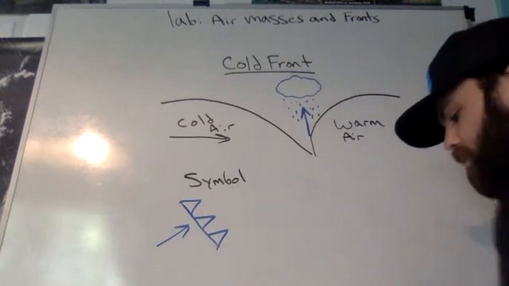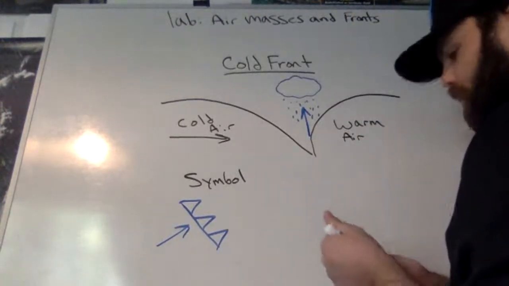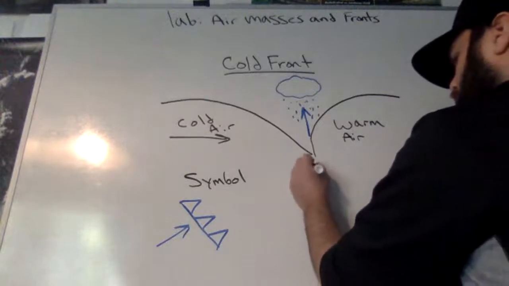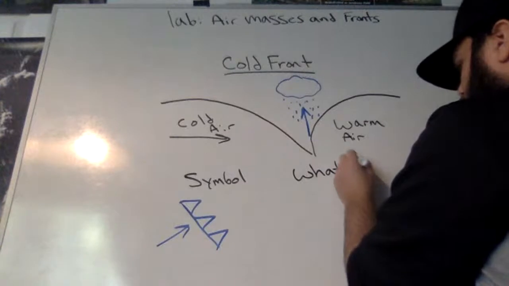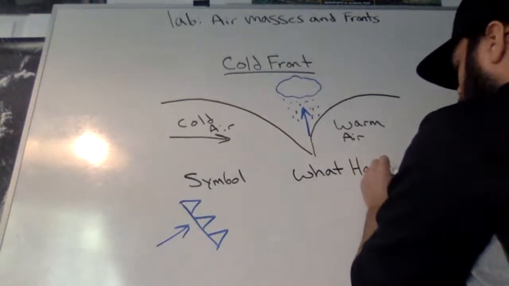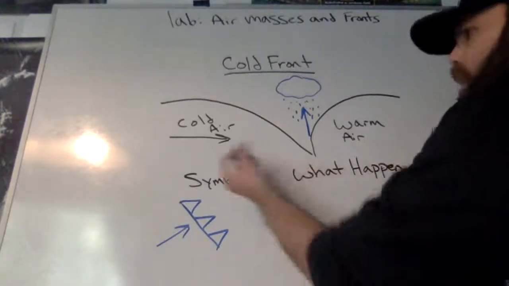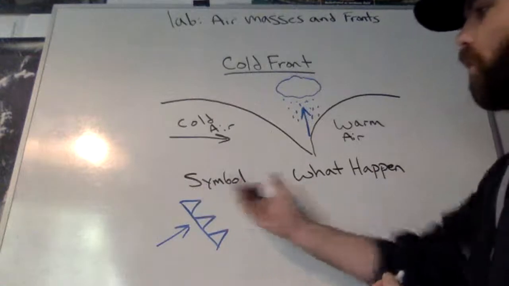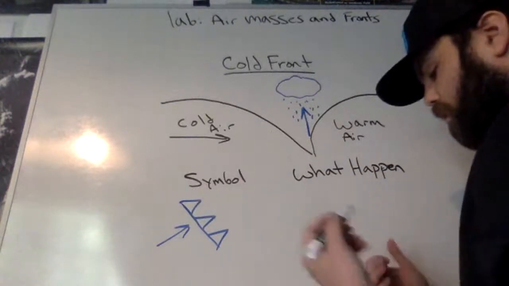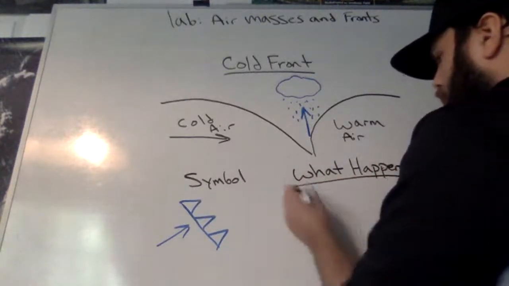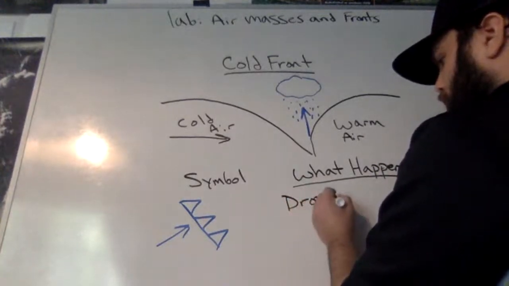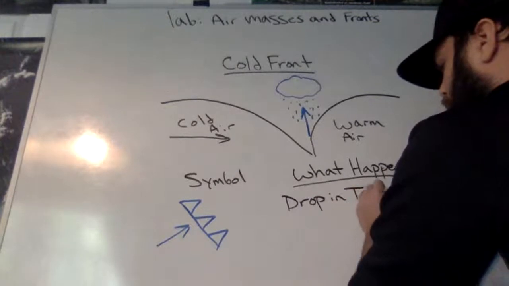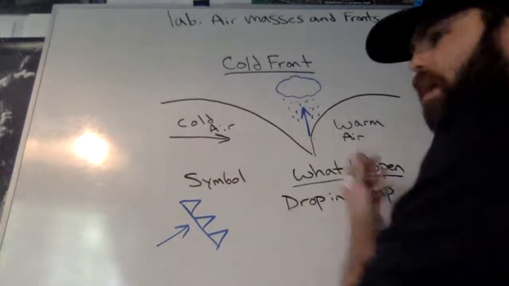Now, what happens? When a cold front is coming in, understand that that's cold air. So if a cold front goes over you, the first thing is there's going to be a drop in temperature, because you've got that cold air moving in.